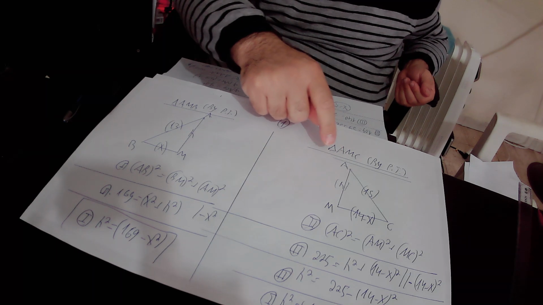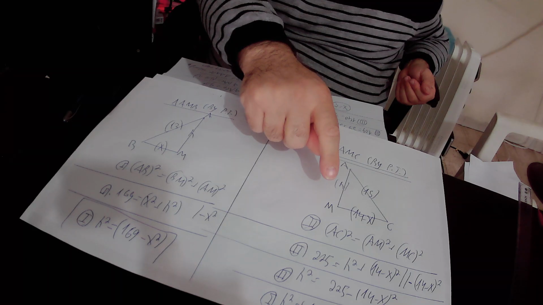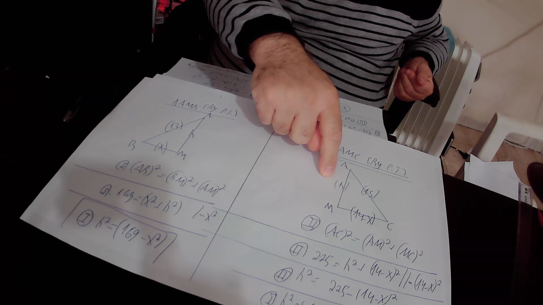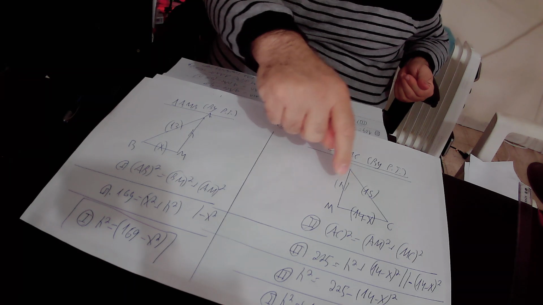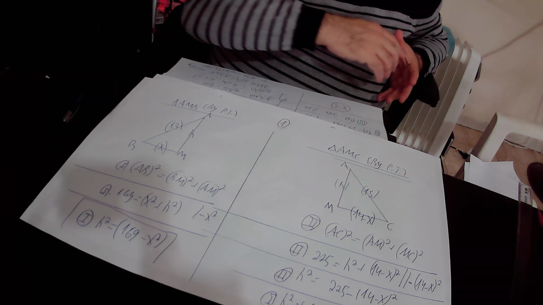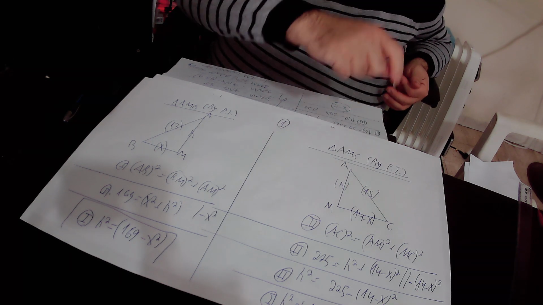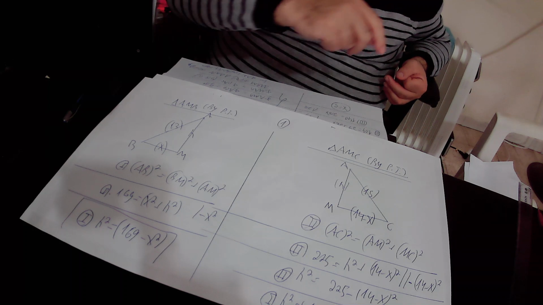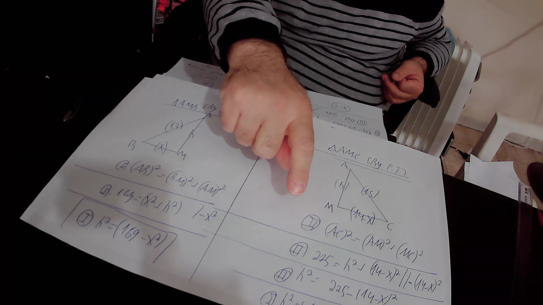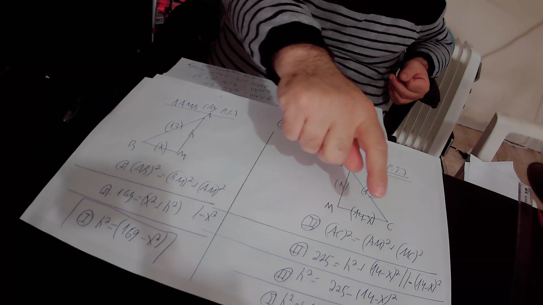AC is 15, therefore AC squared is 15 squared, that is 225, and it equals AM squared. AM is h, therefore AM squared is h squared, plus MC squared. MC is 14 minus x, therefore MC squared is (14 minus x) squared. Here we subtracted (14 minus x) squared from this equation and found out finally that, according to equation number 2, h squared equals 225 minus (14 minus x) squared.